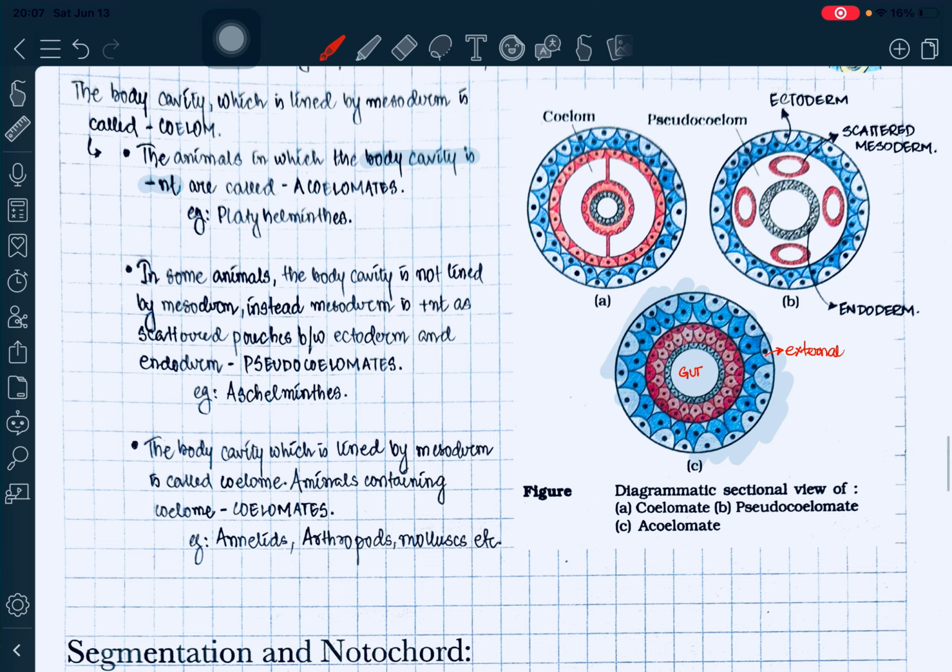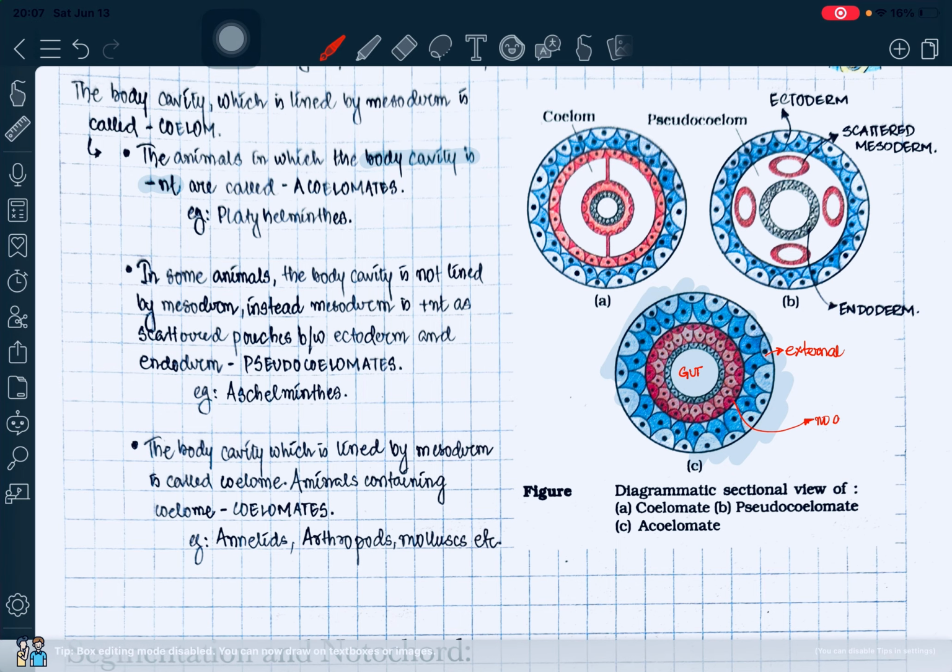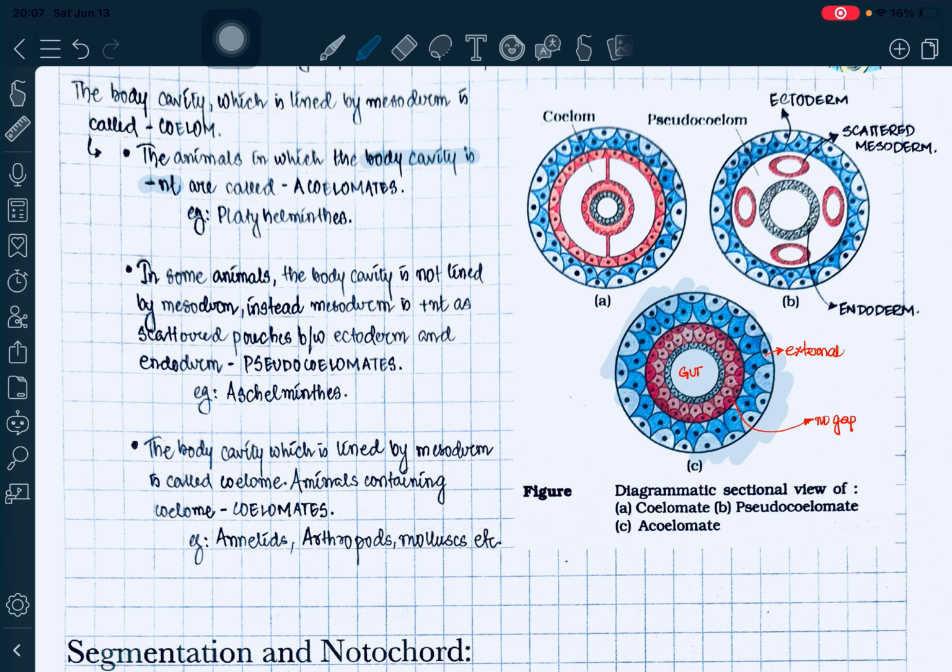Now there is no gap between the external body wall and the gut, and such kind of organisms where this coelom is absent are called what? They are called acoelomates. Example, obviously the platyhelminths, they don't have any kind of coelom that is present.